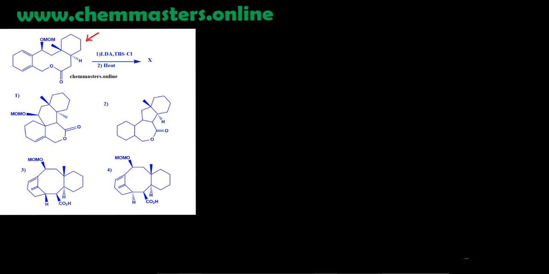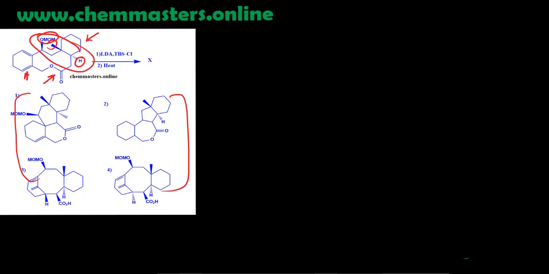Now, in the given reactant, we have an ester functional group, double bonds, and a hydroxy group which is protected with MOM, and stereochemistry is given. Whenever the reactant is given with stereochemistry, that means the reaction is a stereospecific reaction. That means the product of the reaction is decided by the stereochemistry of the reactant.